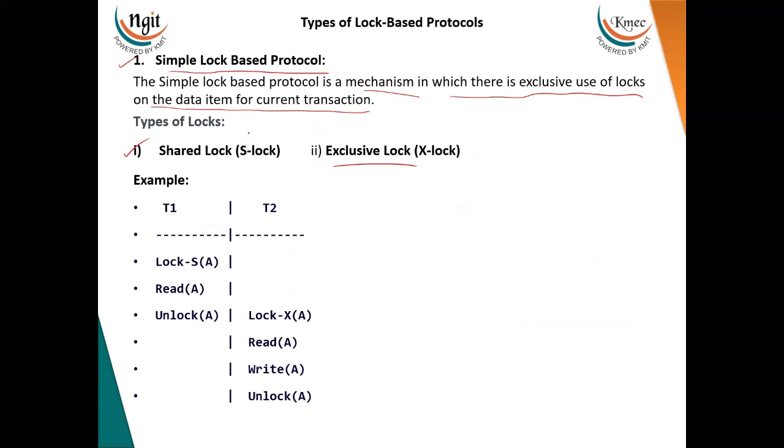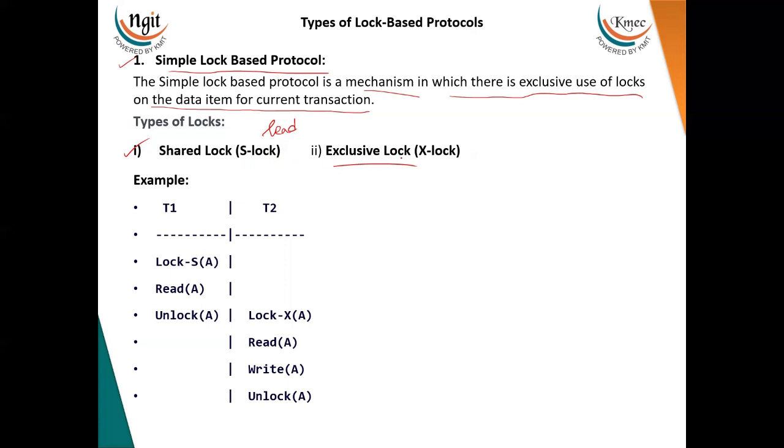Let us see. A shared log is a log that is obtained by the transaction to perform only a read operation on the data item. As we know, when multiple transactions perform a read operation on the same data item at the same time, it does not affect the database system because those transactions are only allowed to view the data. Clear? So acquiring the shared log by multiple transactions at the same time is possible.